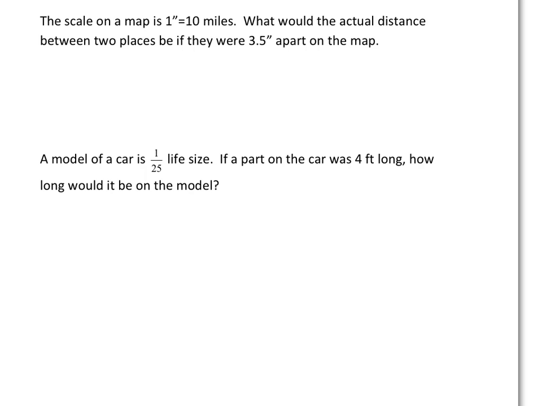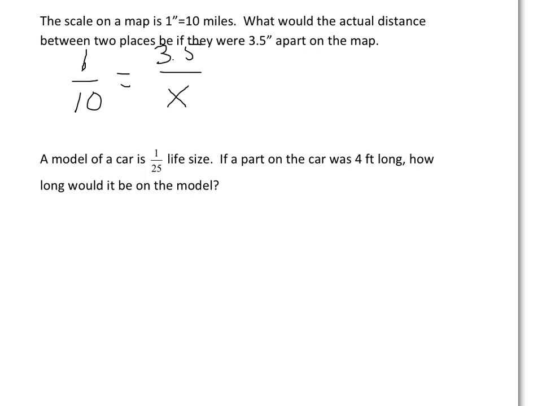So you could write a proportion 1 to 10, and that would equal, so inches goes on the top, the map scale, so I'm going to put 3.5 on the top over here, and on the bottom is the distance in reality, which I don't know. The way you can solve a proportion with an unknown in it is by cross-multiplying.